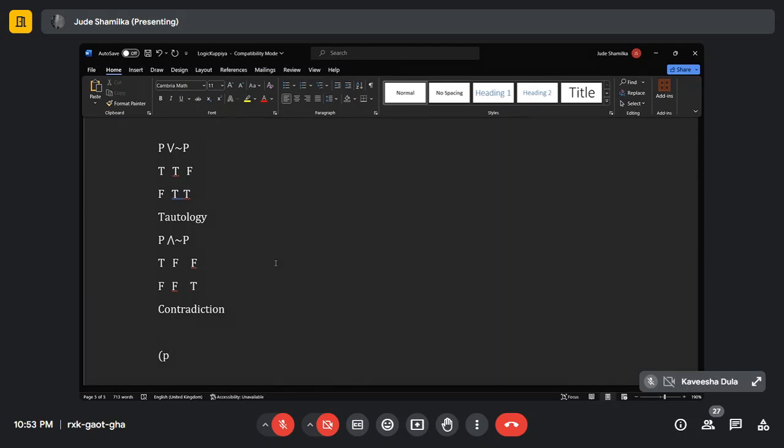Here, P implies Q, and there's another expression, not P disjunction Q. We combine those two statements using a biconditional to check whether these are equivalent.